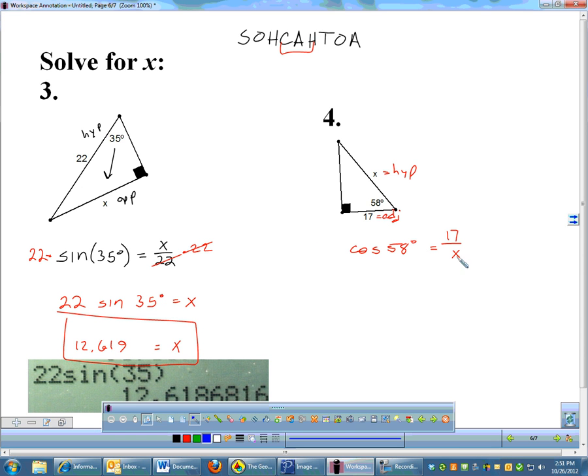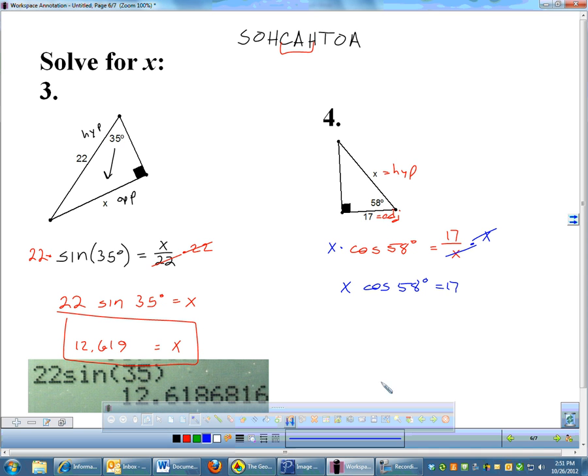Now, I will always multiply by denominators to cancel out that fraction. So I have x times the cosine of 58 degrees. These x's cancel. So x cosine 58 degrees is equal to 17. And some of y'all are going to be tempted to just go ahead and punch in cosine of 58 degrees and get the decimal. I suppose that's okay, but remember that's going to be a rounded, ugly decimal, and you're going to have to store that.